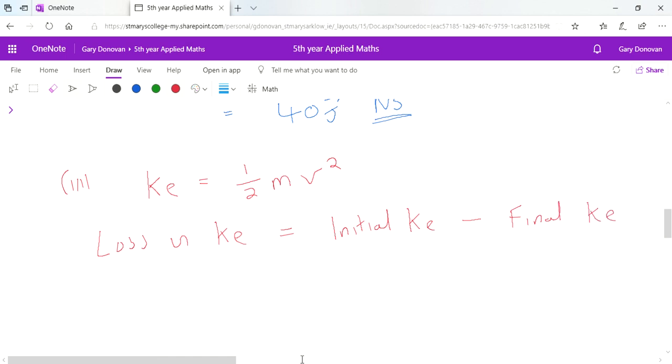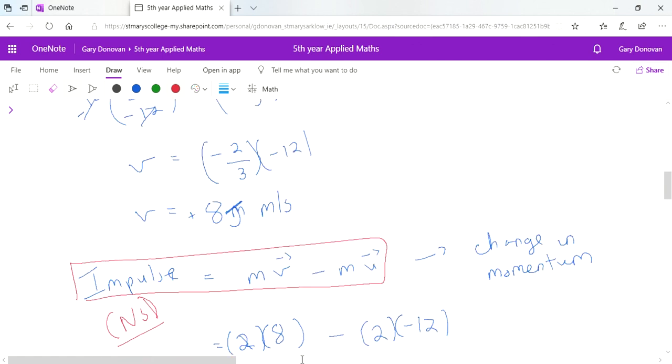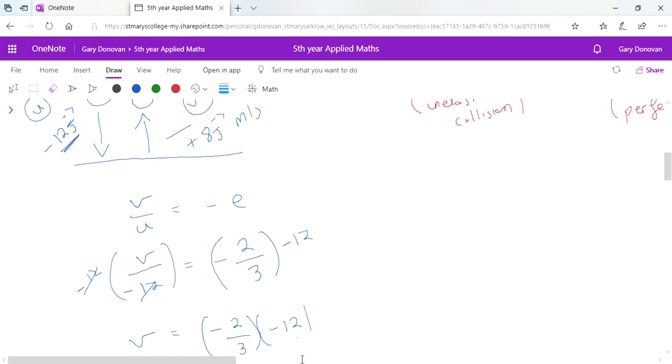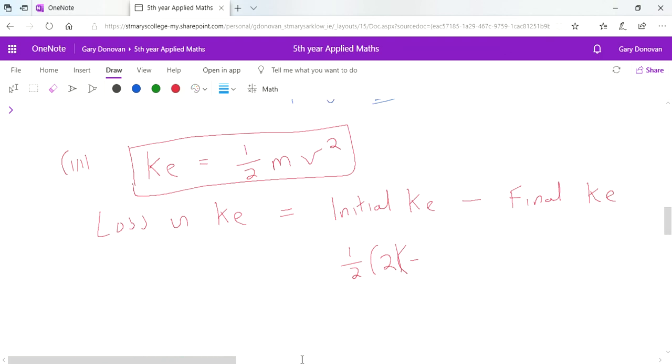So how much kinetic energy had it before? Well, if this is our equation, the kinetic energy it had before would be a half times its mass, which is 2, times its velocity, which was minus 12, squared. Now it's just a v squared bit, so that minus 12 is squared, so that's going to become a plus.